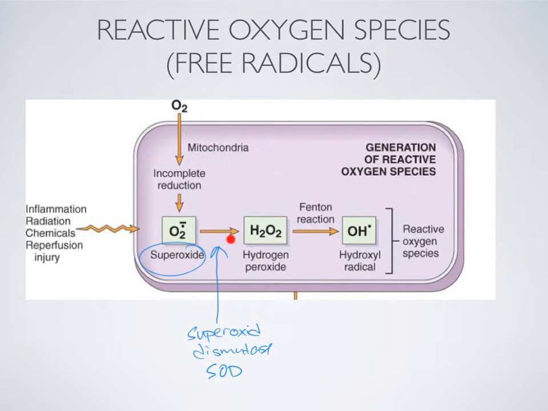And like I said, hydrogen peroxide, as you guys know, it's not that clean of a molecule. It's still somewhat reactive, and it can quickly break down into these hydroxyl radicals. So these hydroxyl radicals are also swimming around in your mitochondria inside your cells, ready to cause a lot of damage.